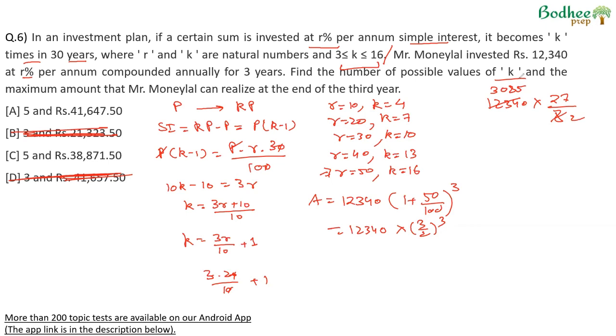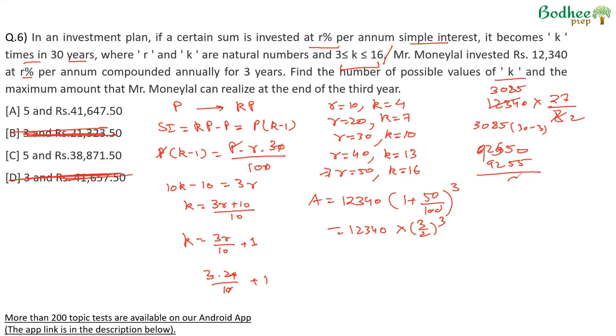3085 then has to be multiplied by 27, which will give us 3085 into 27, that is 30 minus 3. 3085 into 30 minus 3 is what I'm doing. 92550 minus 9255.